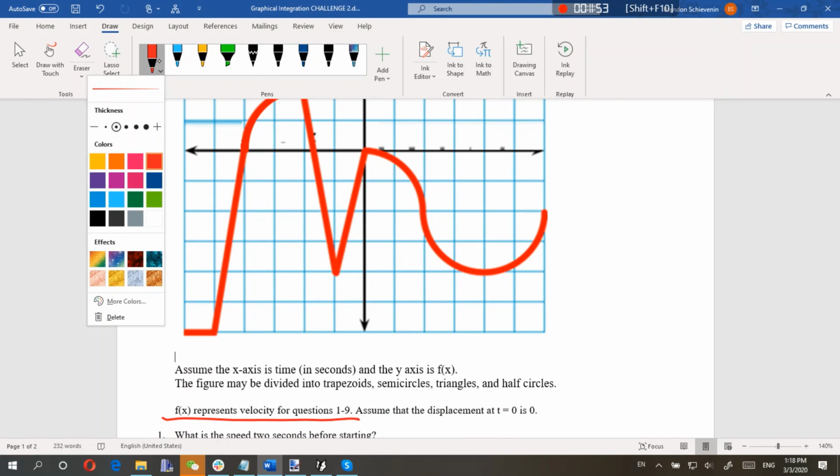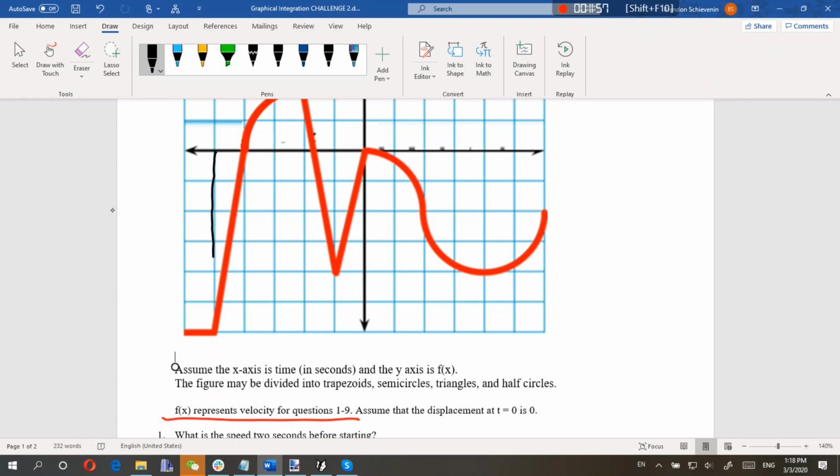So I'm going to split this up first into a couple different areas.